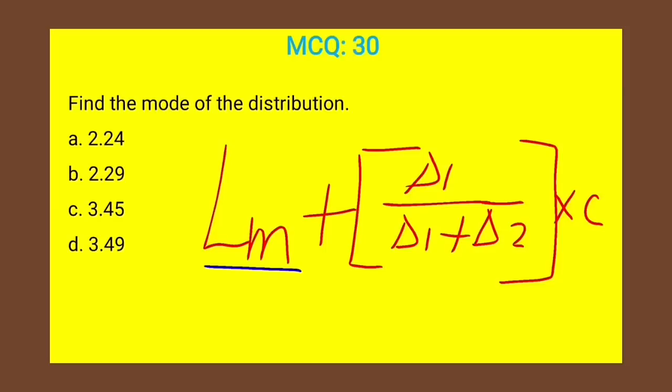Then this is the first triangle. Triangle 1 is the frequency before the modal class, and then triangle 2 is the summation of all frequencies after the modal class. And C always remains the class width in that case. So let's see in this case.